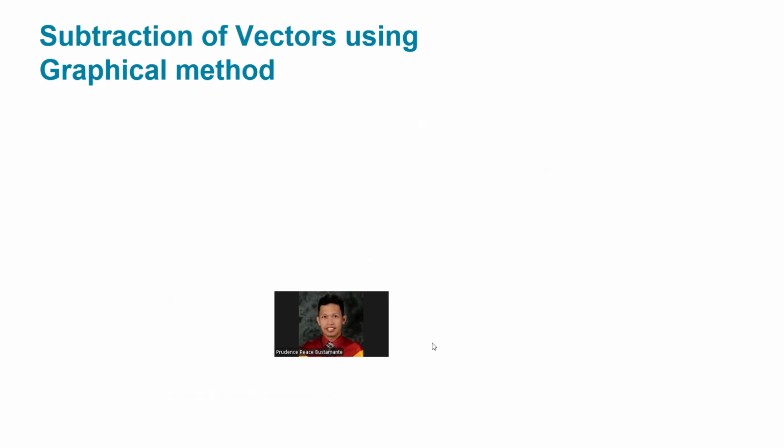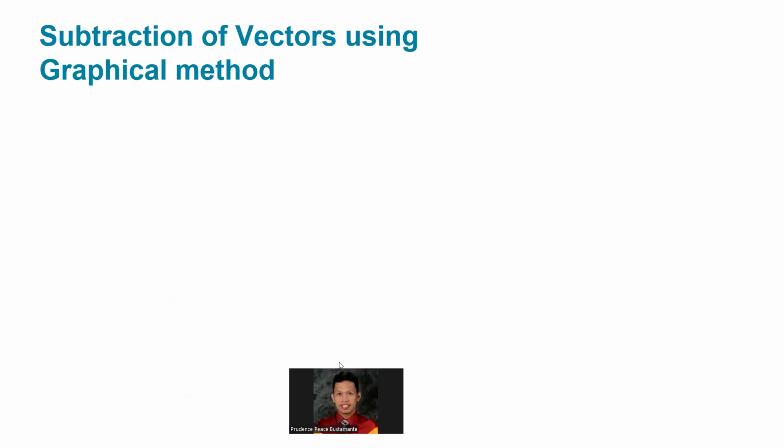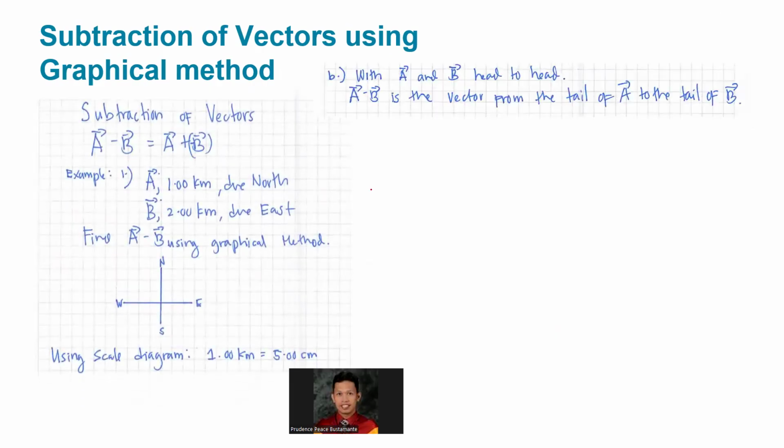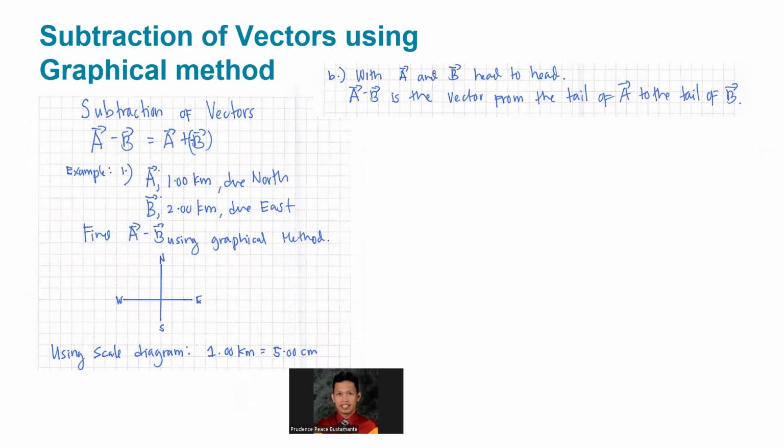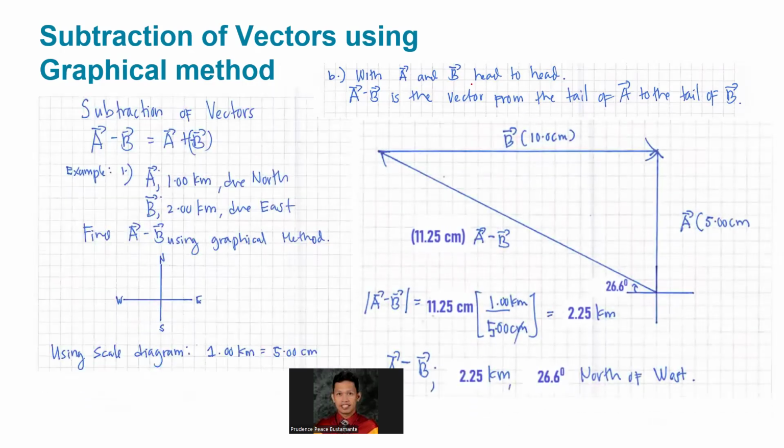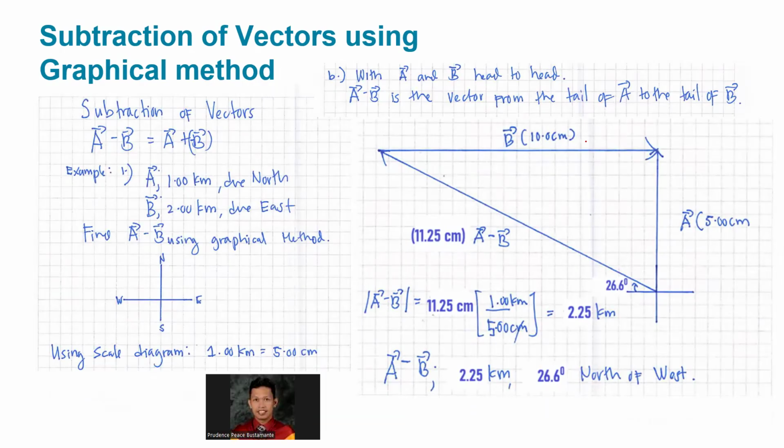Another way is that with A and B head to head, A minus B is the vector from the tail of A to the tail of B. So what does it mean? You draw first vector A, which is to the north.